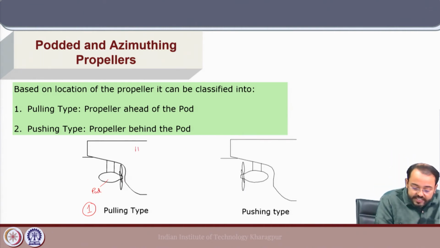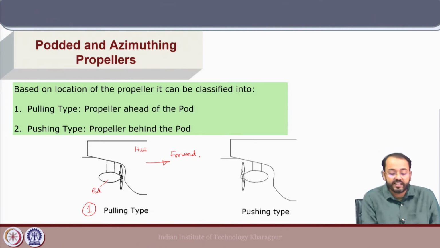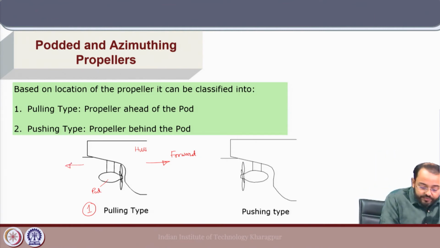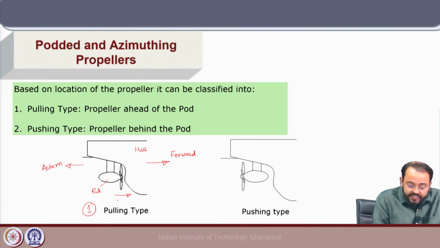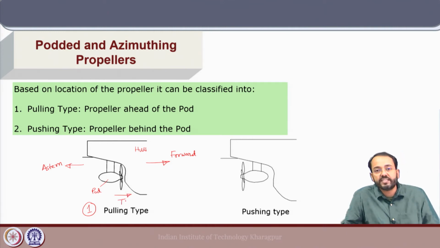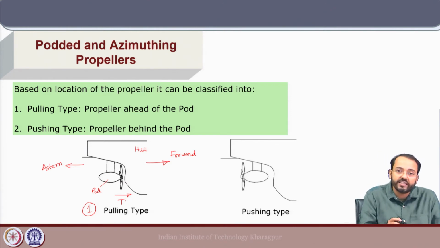So, this is the ship hull and the direction of forward motion is shown towards the right and we have the astern direction here towards the left, and the propeller is generating a thrust in the forward direction. So, that thrust is pulling the pod because the pod is behind the propeller.